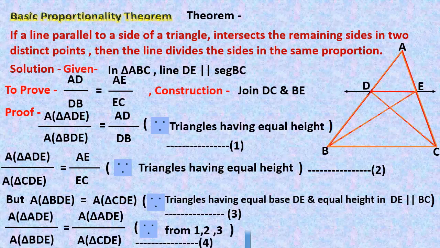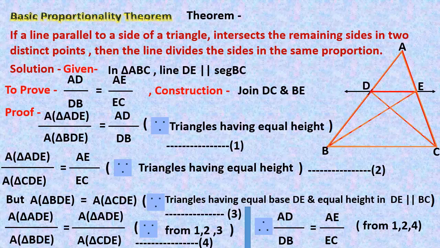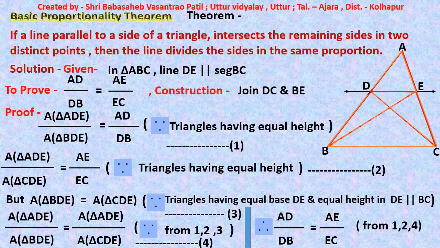Therefore, substitute the value of the LHS from equation 1: area of triangle ADE divided by area of triangle BDE is AD divided by DB, which is equal to, on the RHS, area of triangle ADE divided by area of triangle CDE.